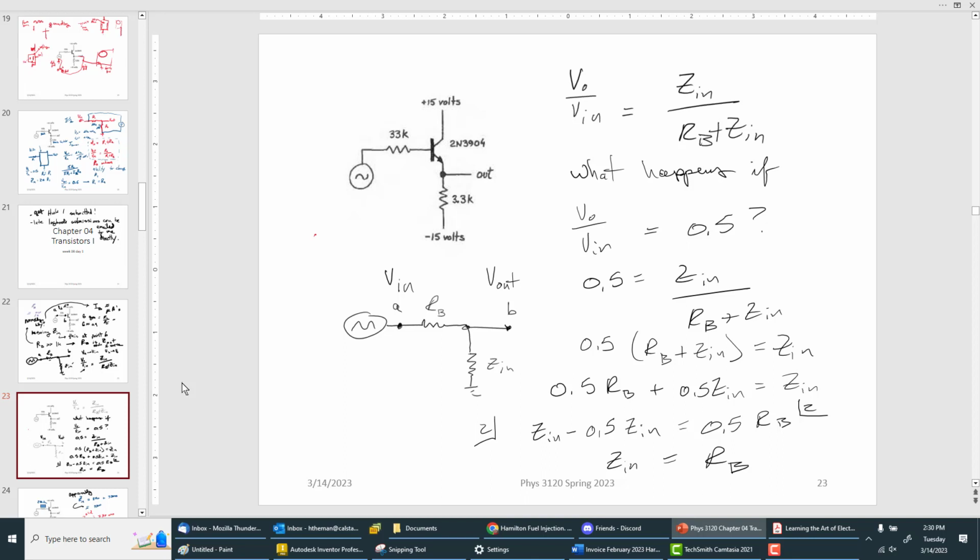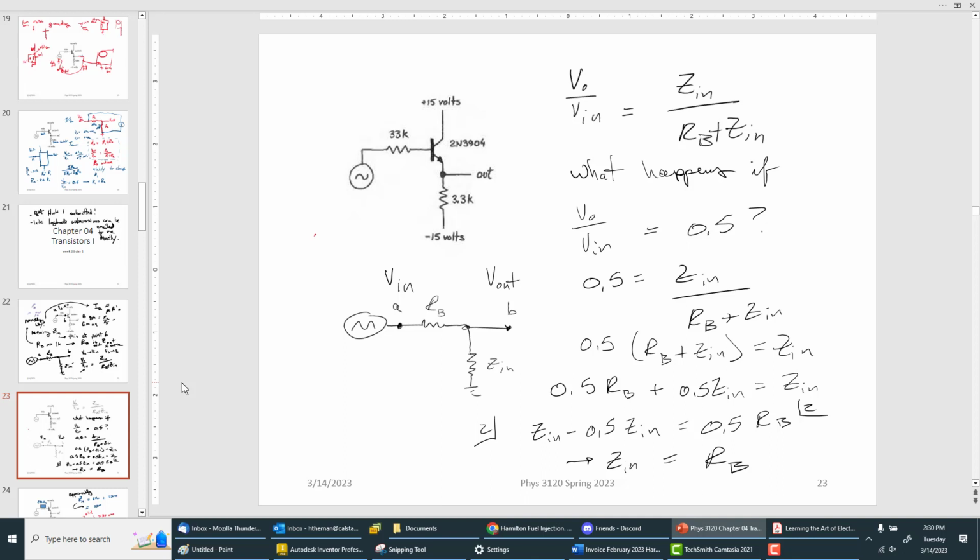So you do out the algebra, do a cross multiplication, then distribute the 1/2, gather your variables, multiply by 2, and you end up with that Zn equals the R base.